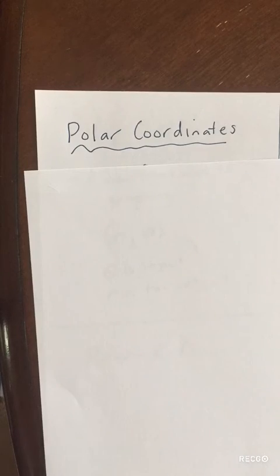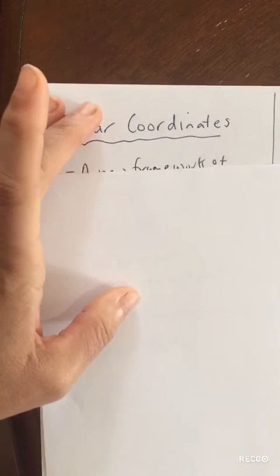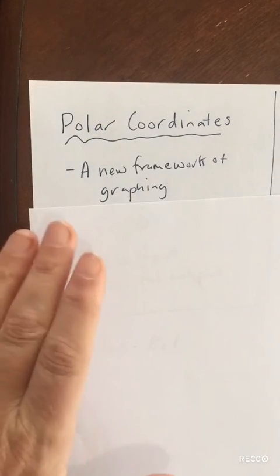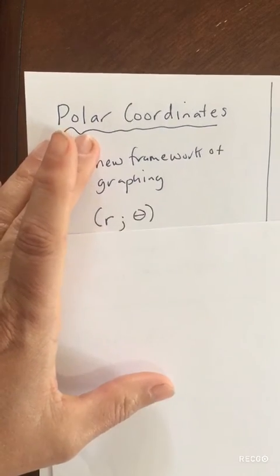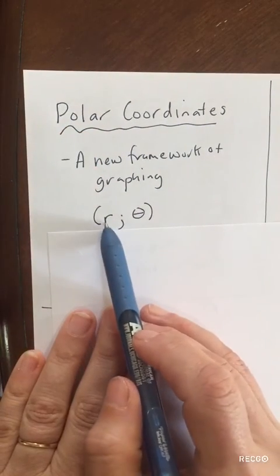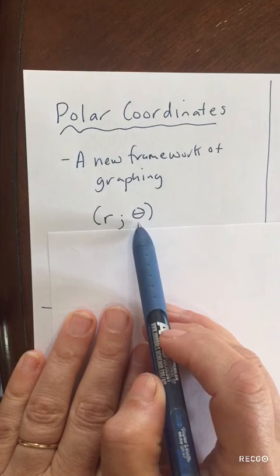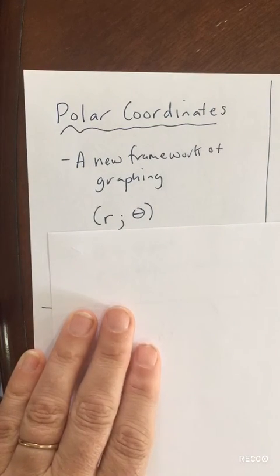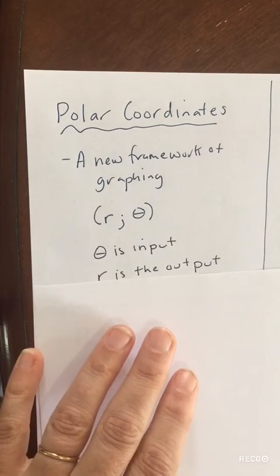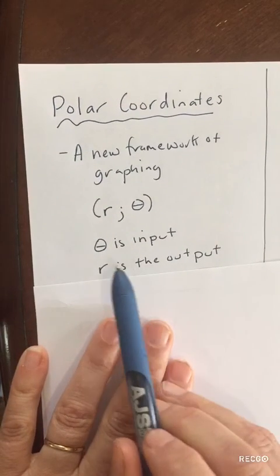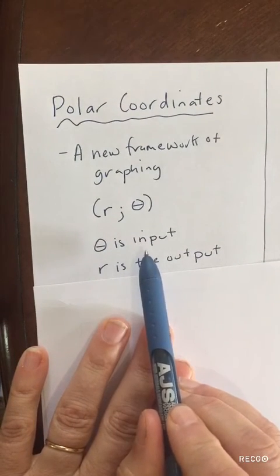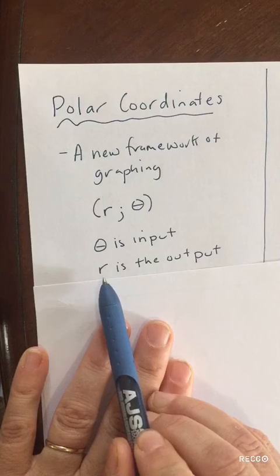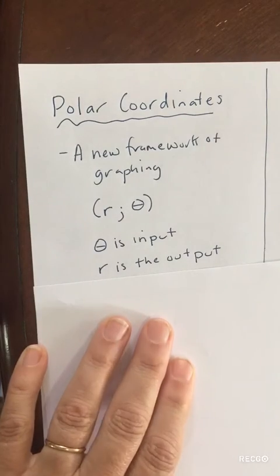Okay, let's summarize what we know about graphing with polar coordinates. Basically it's a new framework of graphing, and you're given the radius and the theta that you need to turn in order to do the graphing. Usually when you make functions with this though, theta is considered to be the input and the radius depends on the angle that you turn.